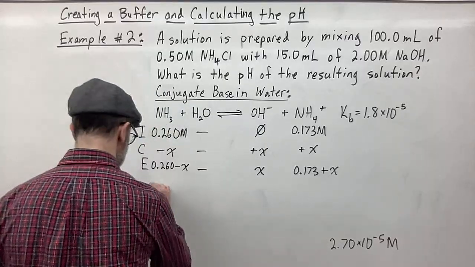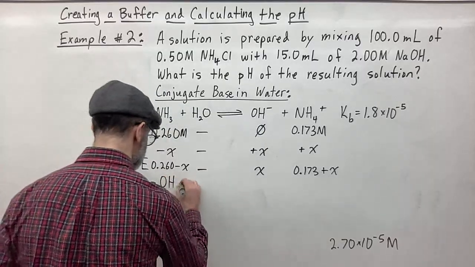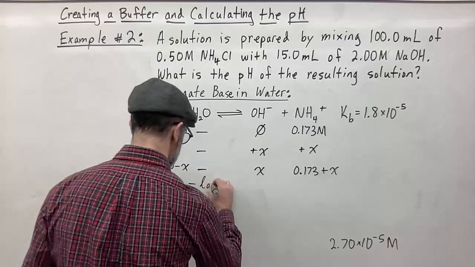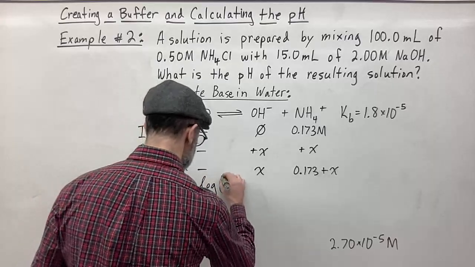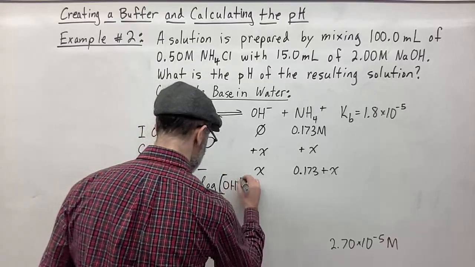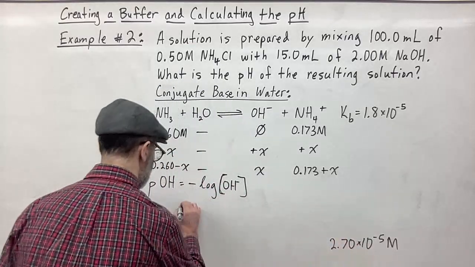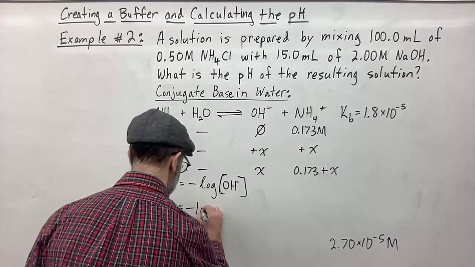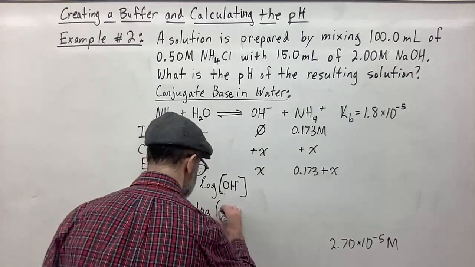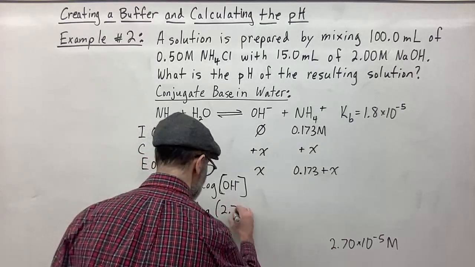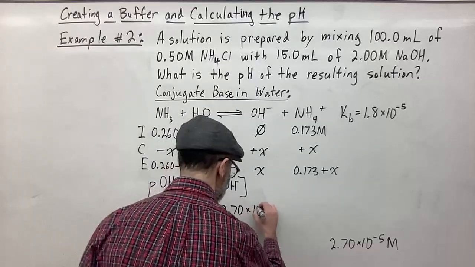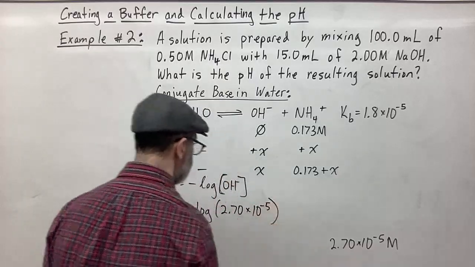So here, pOH is equal to the negative log of the OH minus concentration, which is what we have here. So then that's going to be equal to the negative log of 2.70 times 10 to the negative 5.